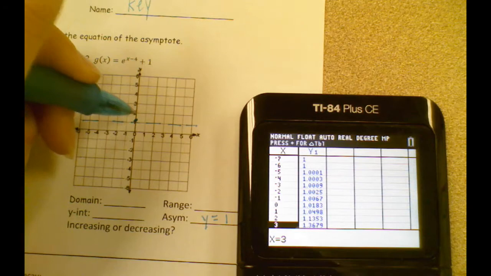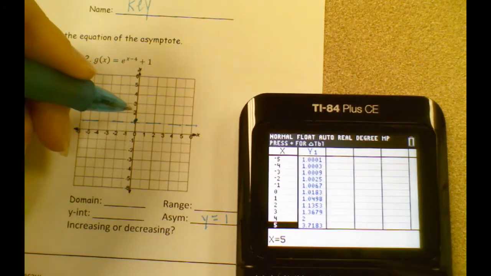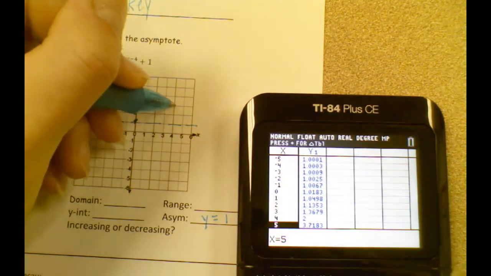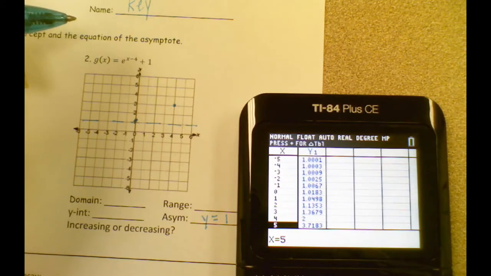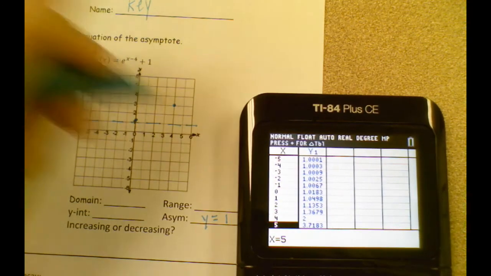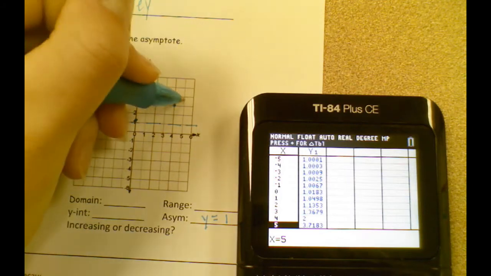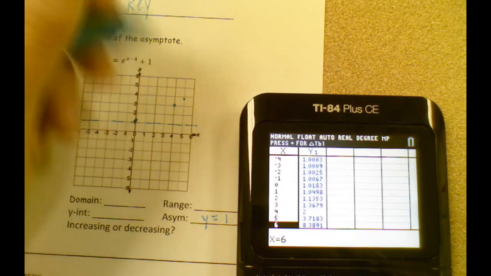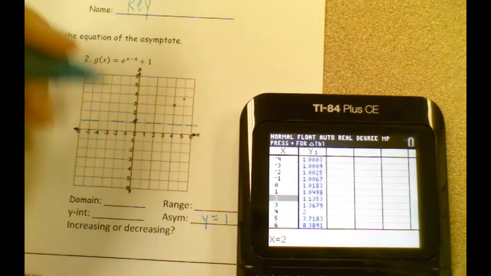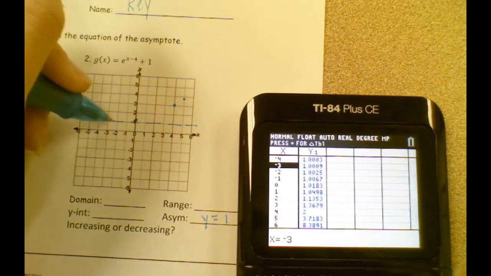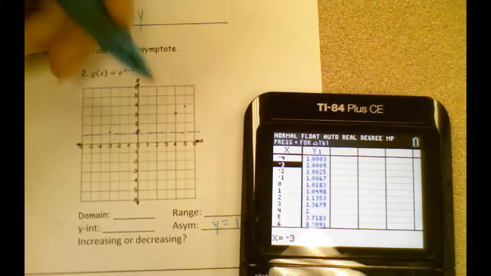All right, and then let's plot 4, 2. What else? 5, 3.7. All right, that one's not going to fit. So let's do negative 3. It's right above there. All right, perfect.